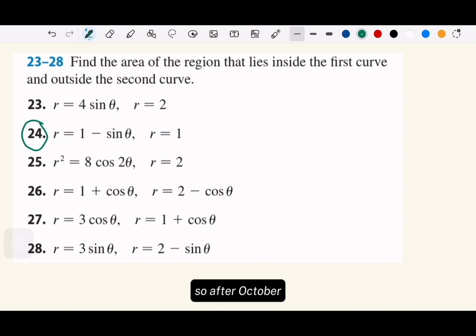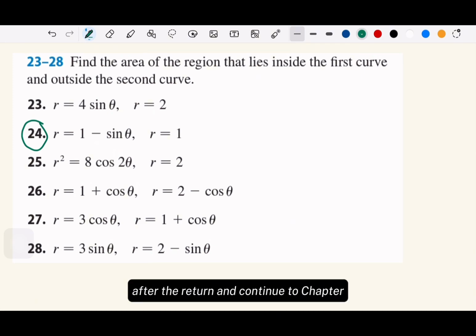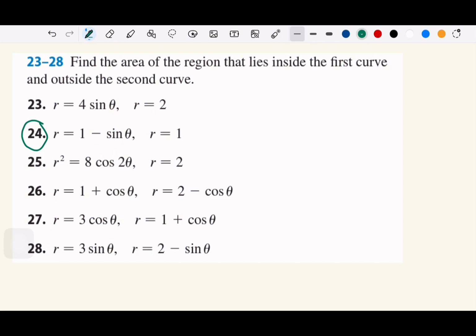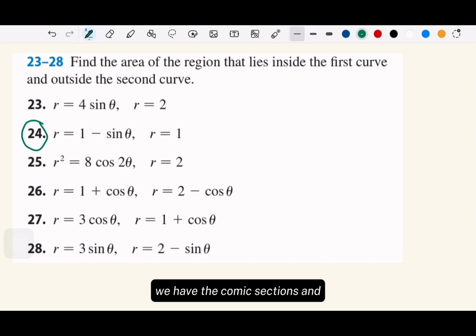After the midterm, we can continue to chapters 13, 14, and 15, and that will be the content for the final exam. So for the midterm, it's chapters 10, 11, and 12. But in chapter 10, we only finish up until polar calculus. The conic sections and the conics in polar will be skipped. So until 10.4.